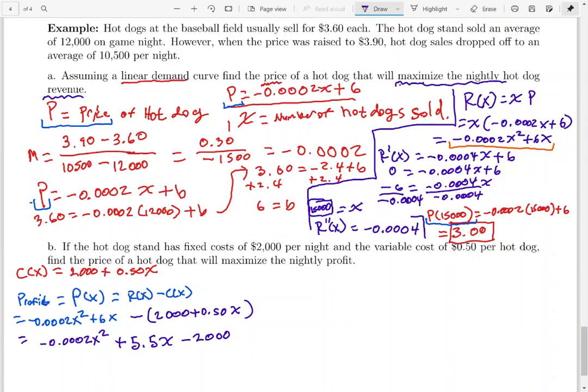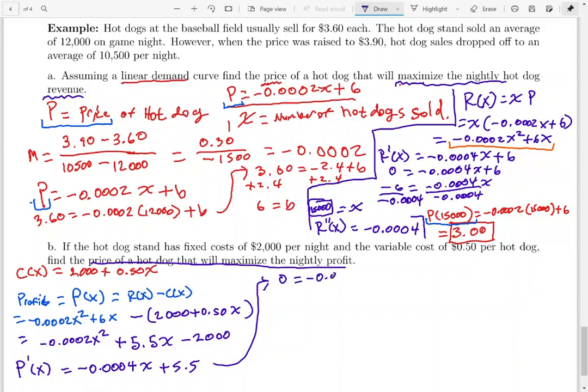But if we're trying to figure out the price of a hot dog that will maximize the nightly profit, I'm trying to find possible extrema, so I need to find the derivative of the profit function. The derivative of the profit function is going to be negative 0.0002 times 2, or 0.0004, x to the first, plus 5.5. The derivative of a constant is 0. And so then, set it equal to 0. 0 is equal to negative 0.0004x plus 5.5.